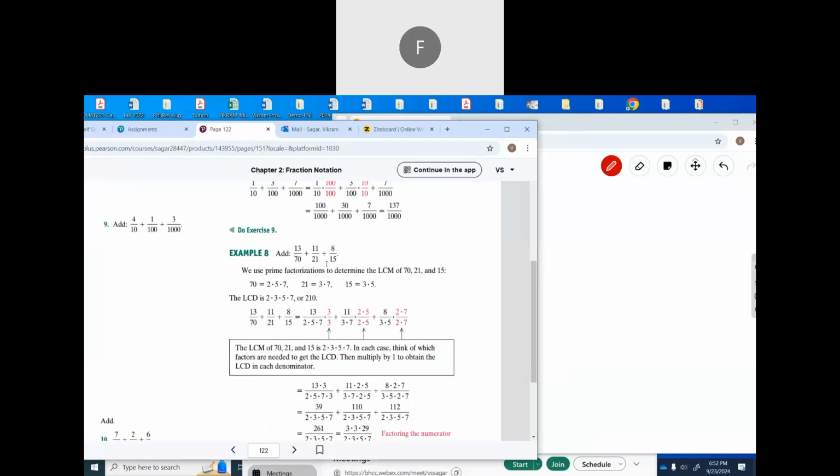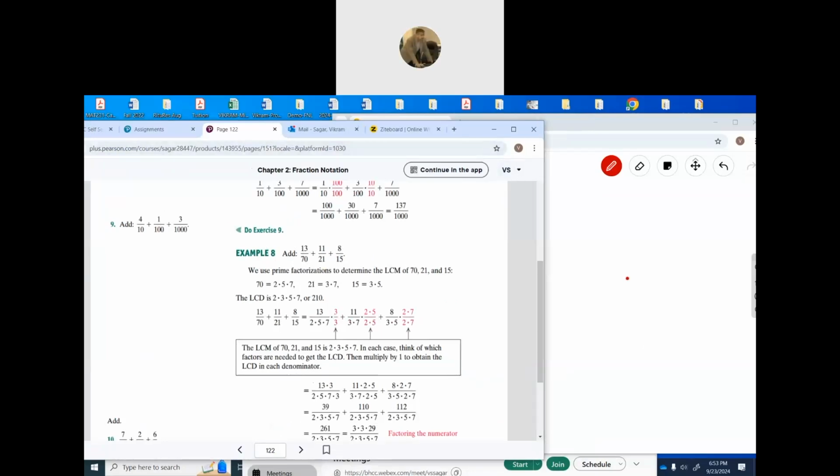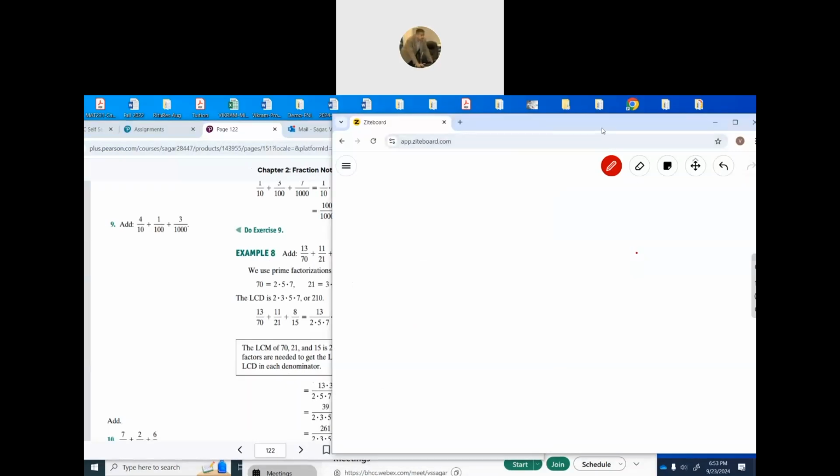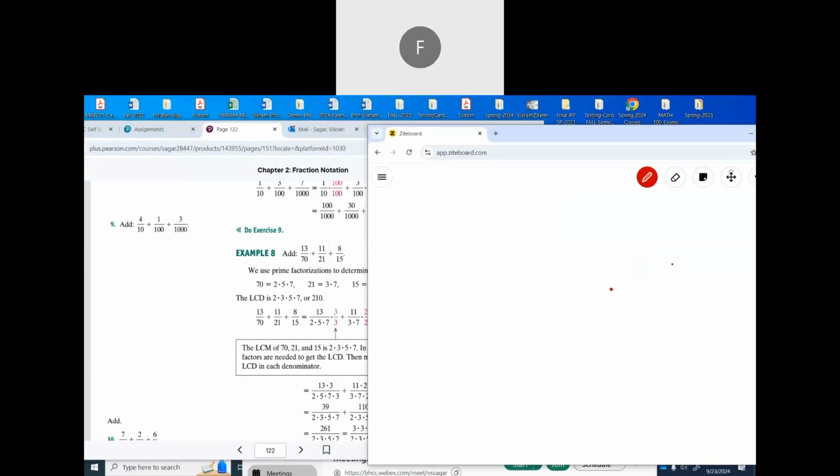You wanted to do this, please? Let's do it. It doesn't matter, same thing. So now 13 here, right, over 70 plus 11 over 21, minus 18 over 15 here.